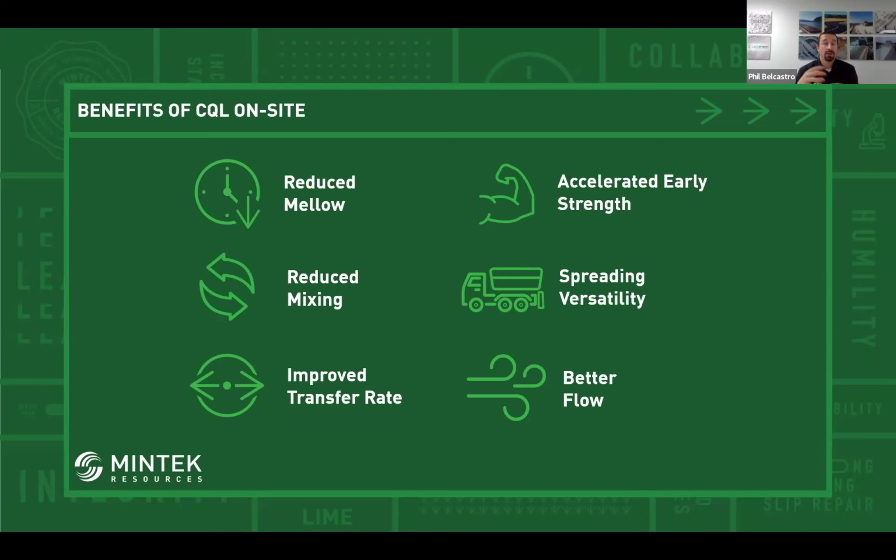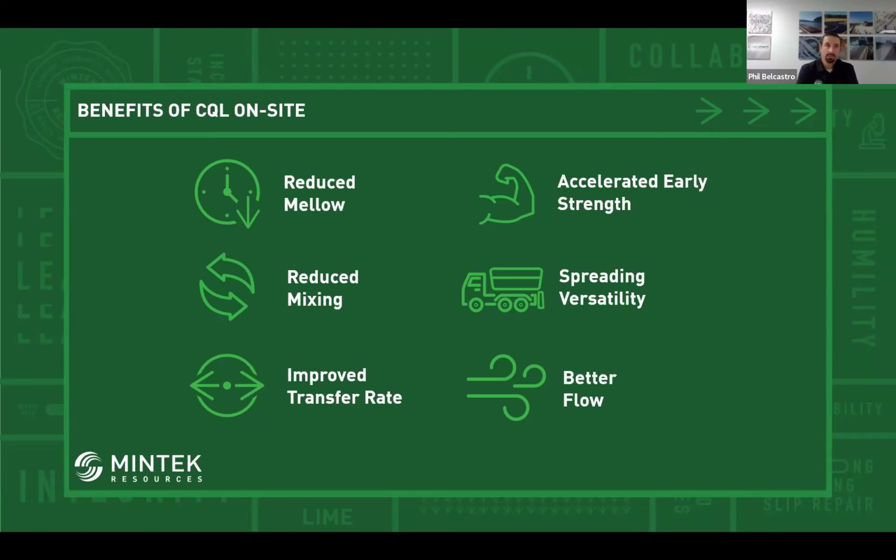Lime is great with autogenous healing, something we talked about some other times, where it can kind of heal itself. But if we don't break those bonds, we're allowing them to stay there. You can maybe get a little bit higher strength. Accelerated early strength, smaller particles reacting faster, helps us get other equipment on that site sooner. Reduced mixing: single pass mixing is all you need for most soil types.